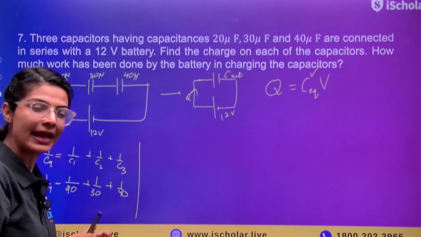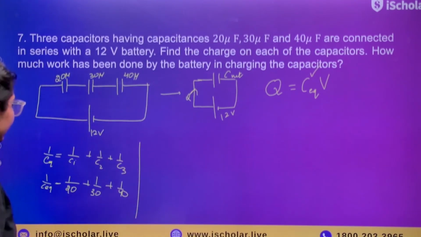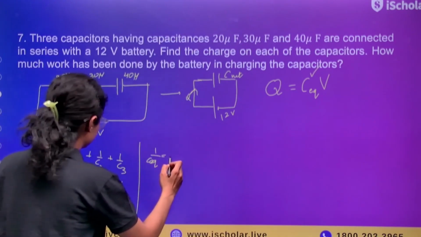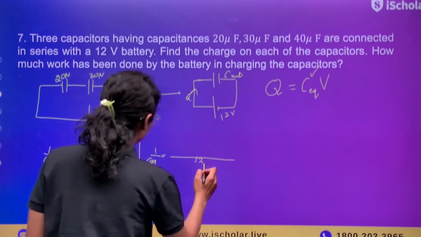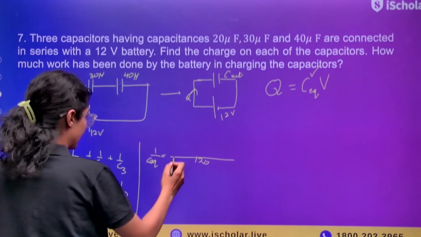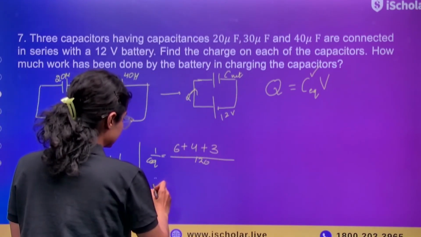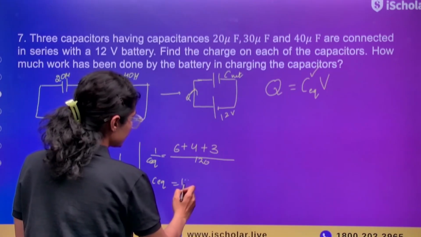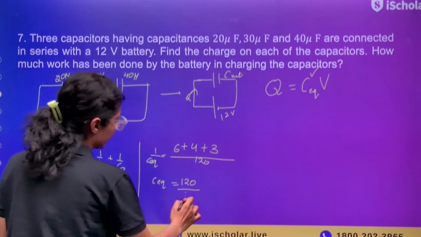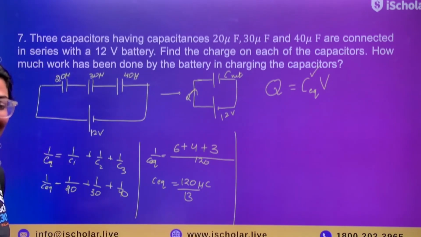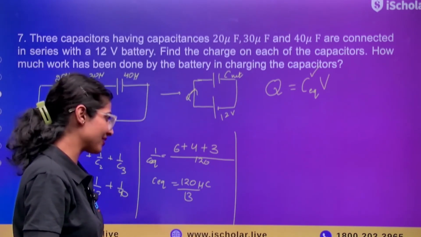I'm taking the LCM of all and calculating it further. It will become C equivalent is equal to 120 by 13 microfarad. So we got the value for the total capacitance of this.